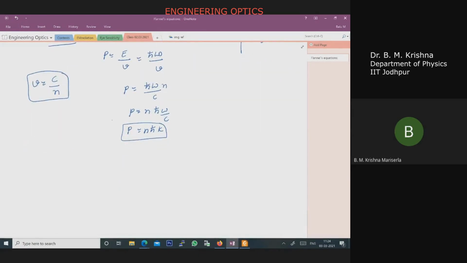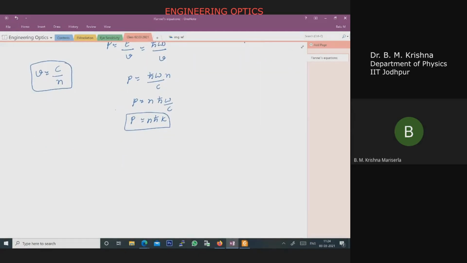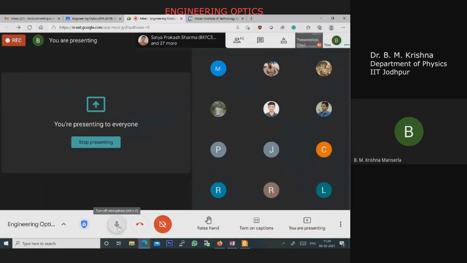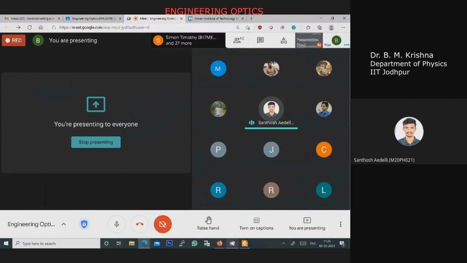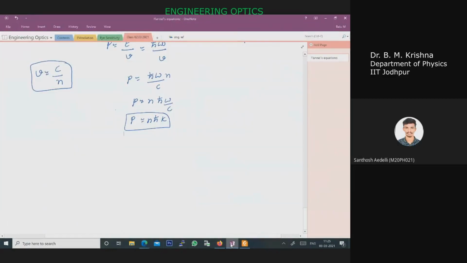Okay, so now we will see certain uncertainty relations. What are the uncertainty relations you know from quantum mechanics? That is the relation between momentum and position, energy and time, and angular momentum and angular velocity. So now we talk about the relations related to photons.